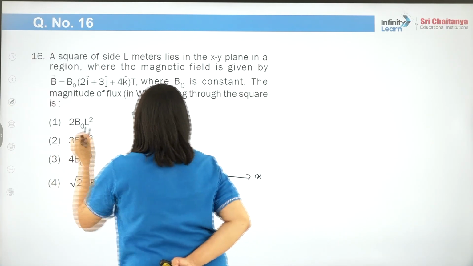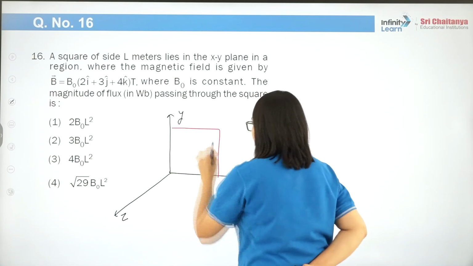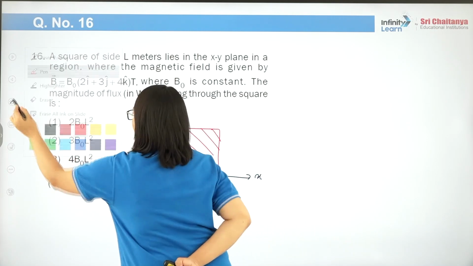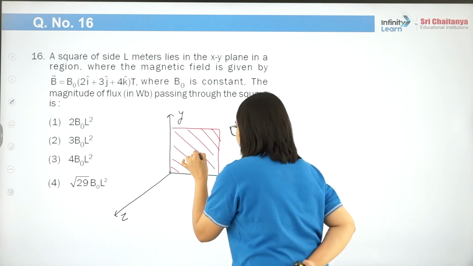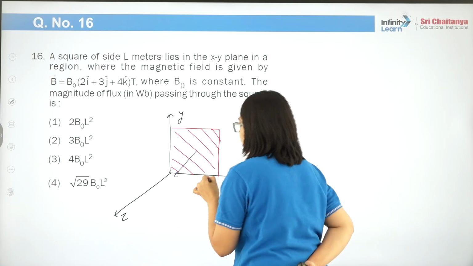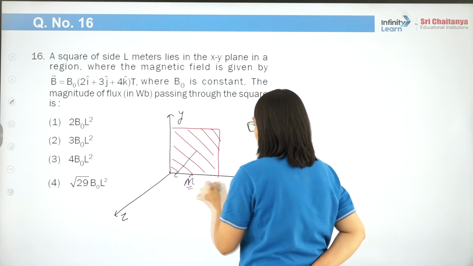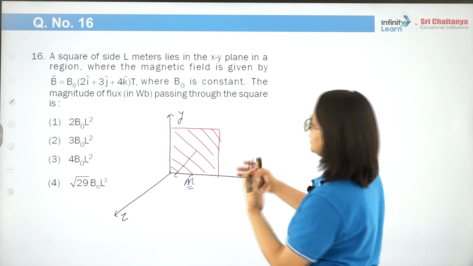So we have a square in the xy plane like this. The area vector of this square will be perpendicular to the plane, something like this. So this is the area vector direction, n cap, along the z axis.